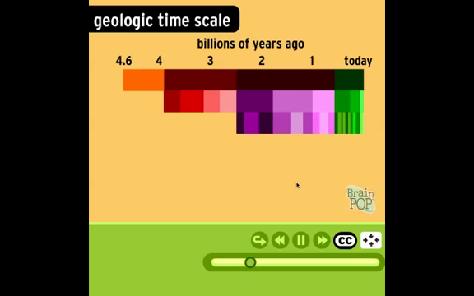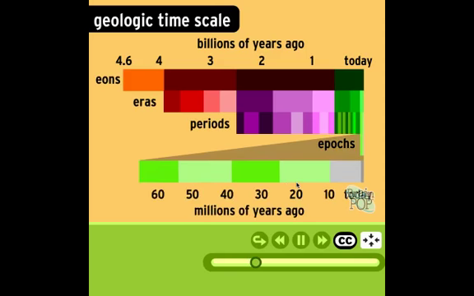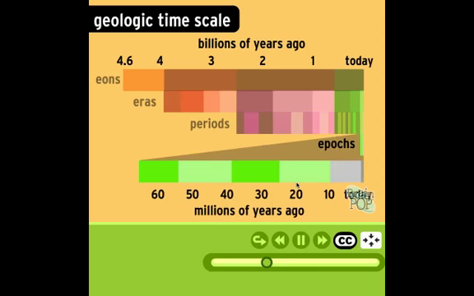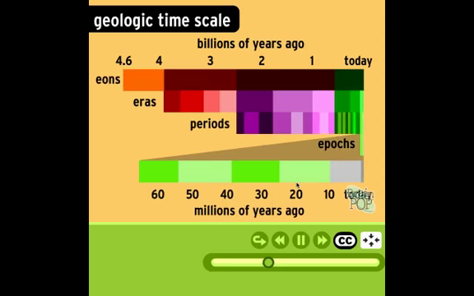Instead of millennia, centuries, and years, the geologic timescale is broken up into eons, eras, periods, and epochs. The Earth has had 4 eons, each lasting hundreds of millions to billions of years. Each of these eons is broken up into 2 or more eras, which are broken into periods, which are broken into epochs. All these units are of relative length, so they have no set number of years.